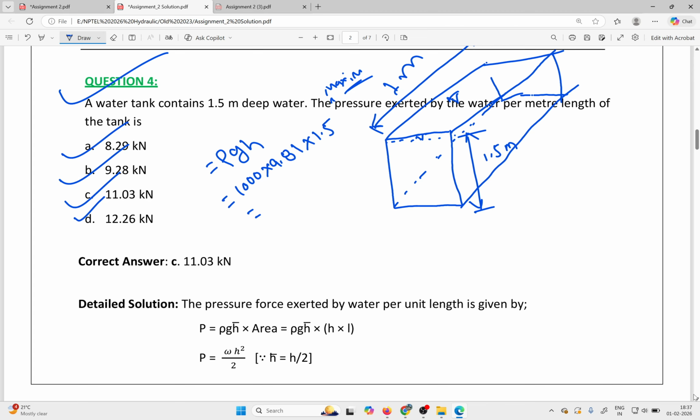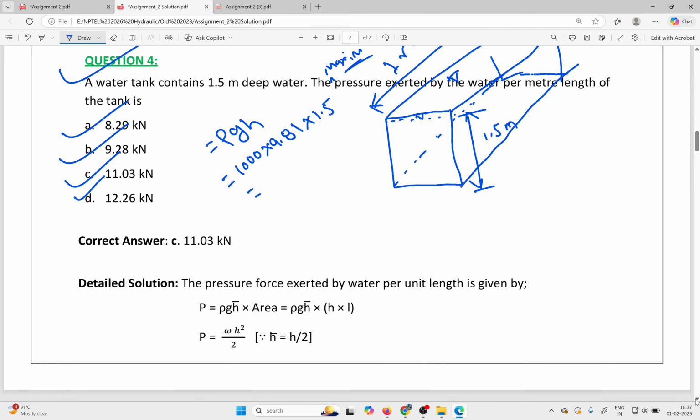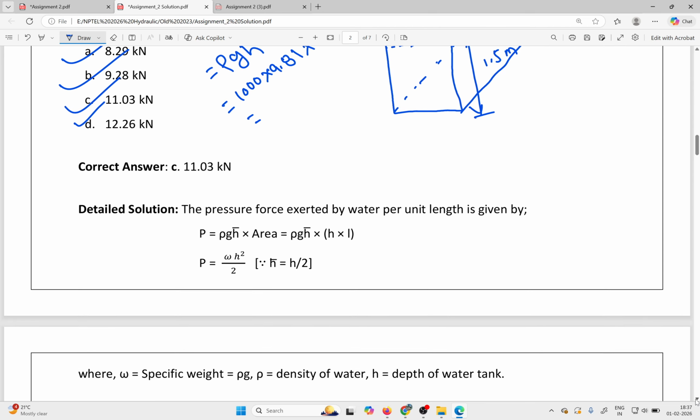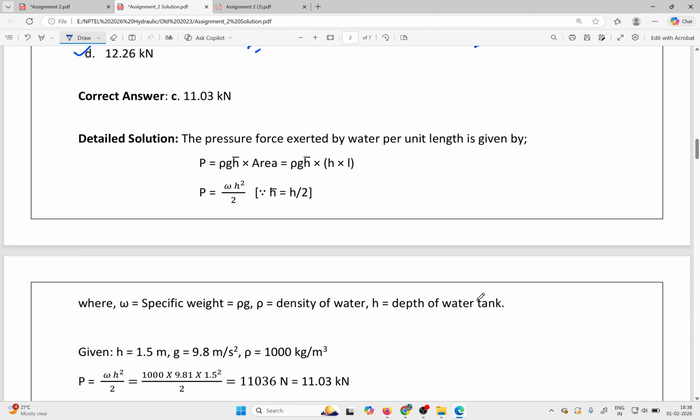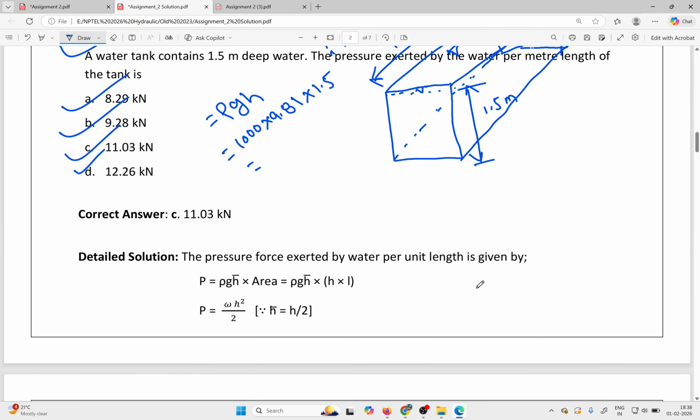Okay, here I think the pressure force is being calculated. Why? The question is asking about pressure, not pressure force. Maybe you have to correct this.